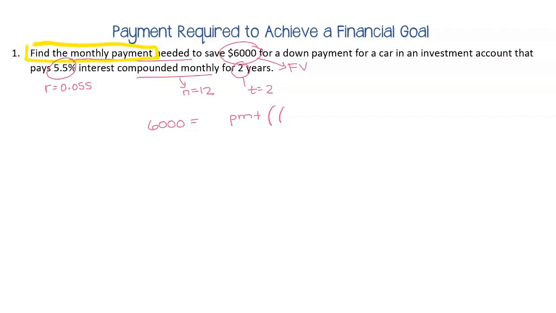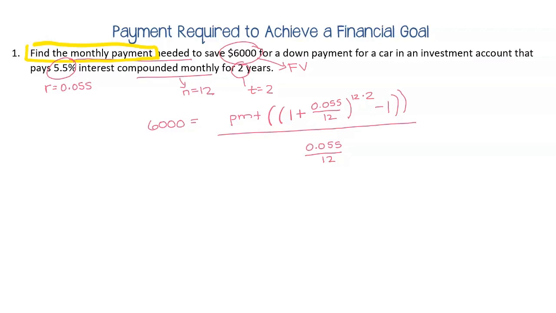All times 1 plus the rate over little n, which in this case is 12, raised to little n, which is 12, times time, which is 2 for 2 years, minus 1. And all of this will go over a denominator of 0.055 all over 12.